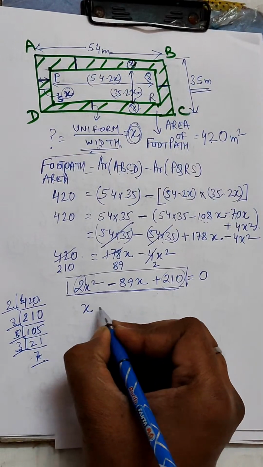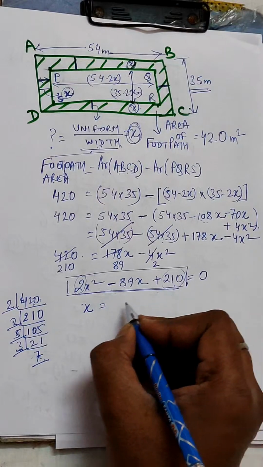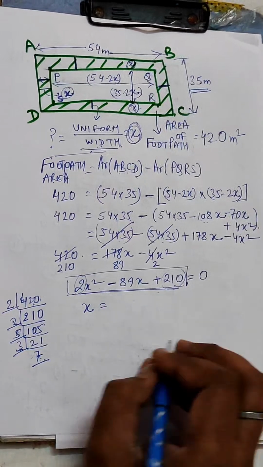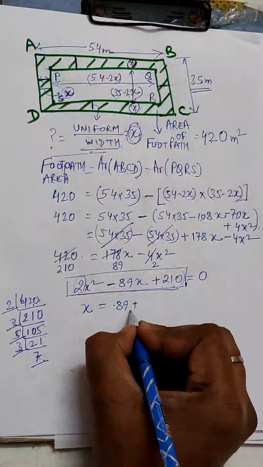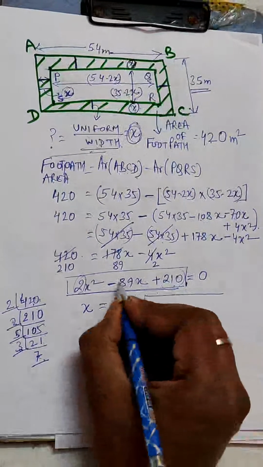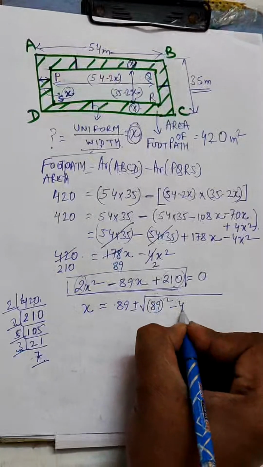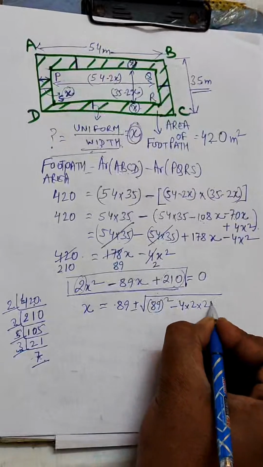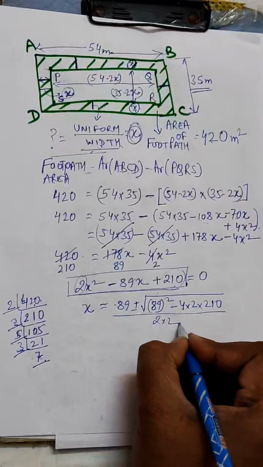So the value of x will be, if this is in the form of ax square plus bx plus c, then x is minus b, that means 89 plus minus root under b square, that is 89 square, minus 4 into 2 into 210, by 2a, that means 2 into 2.